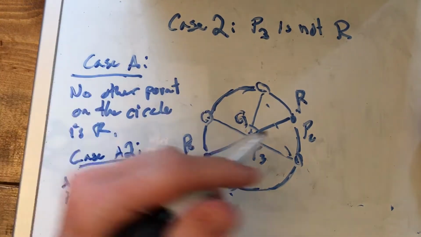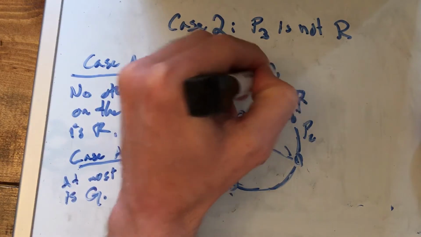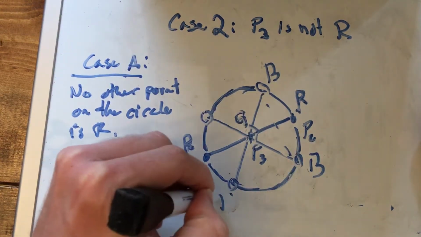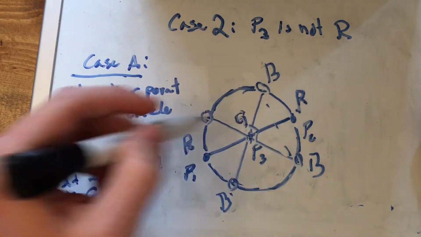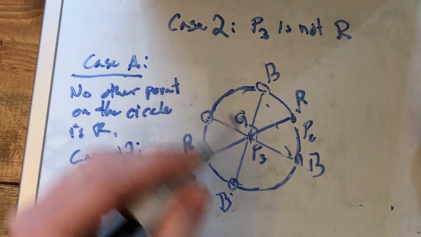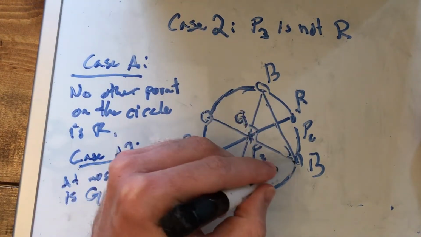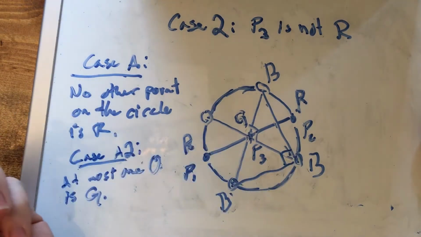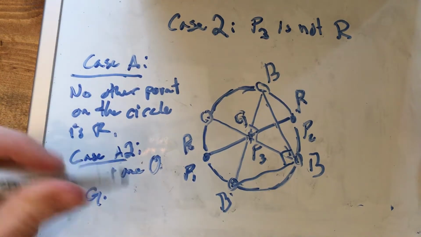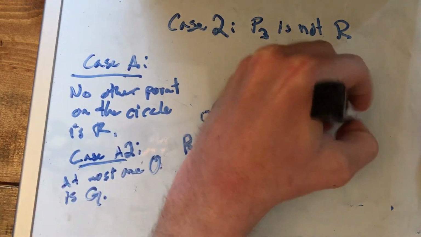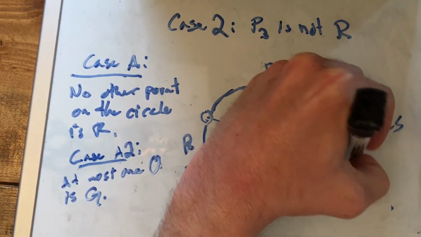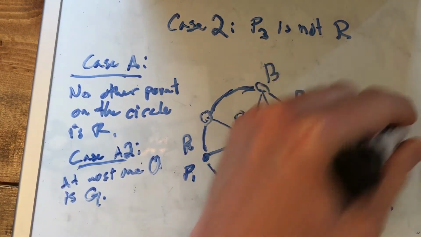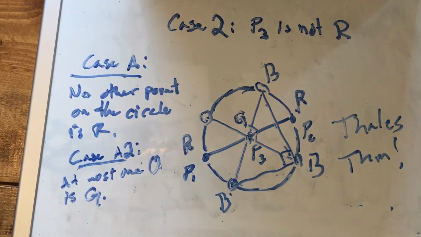So no matter which way we choose it, we're going to have a blue here, a blue here, a blue here. We'll have 3 on one side, and 2 of them will form a diameter. And so by Thales theorem, since this forms a diameter, this angle must be a right angle. And so then, ta-da, this time we use Thales theorem. Okay, and so then that case is done.